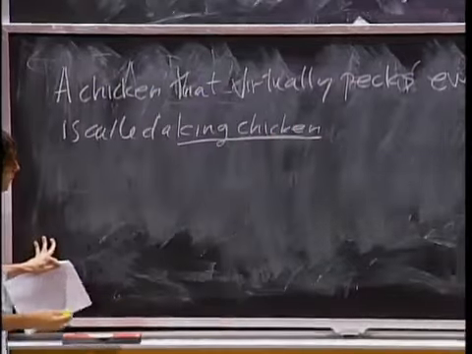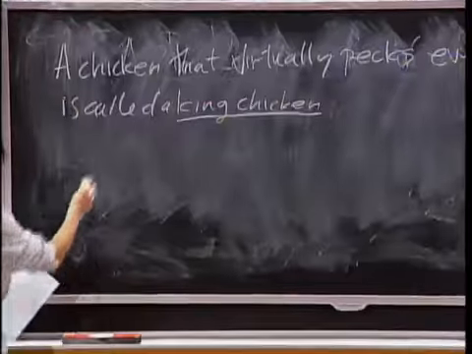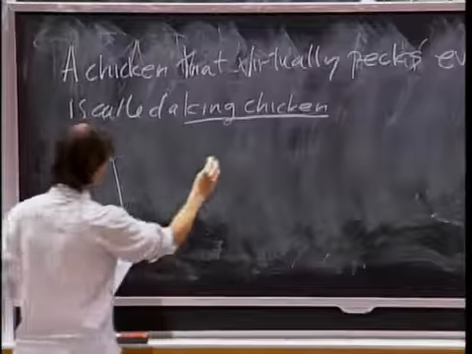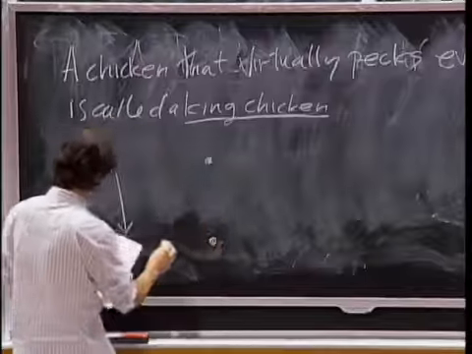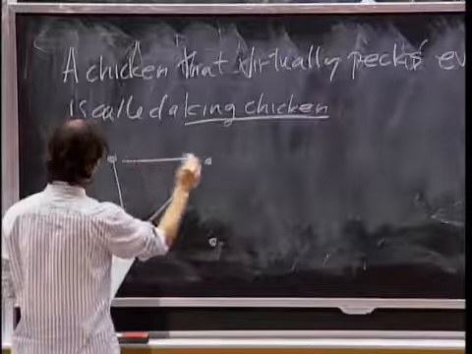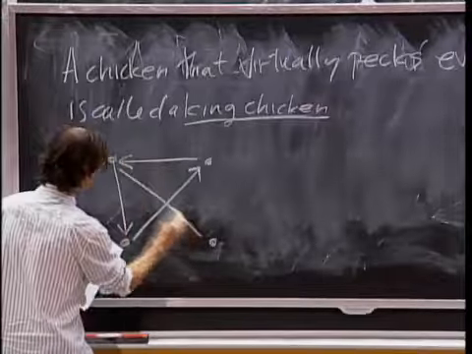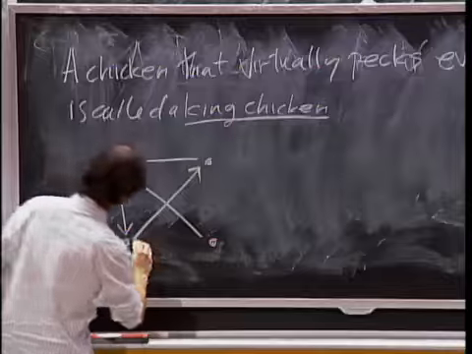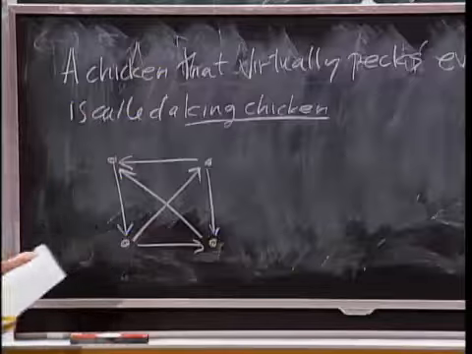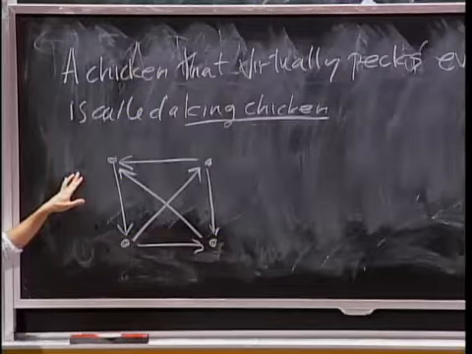So let's give an example of a graph. Suppose I have 4 chickens that know how to peck one another in this order. So who in the pecking party here is going to be king?